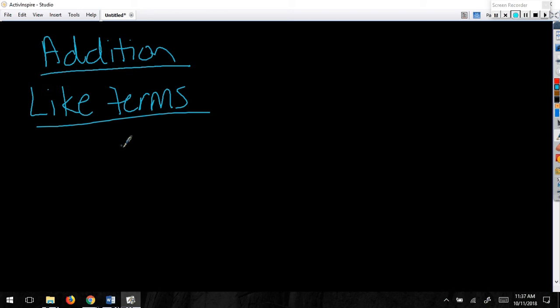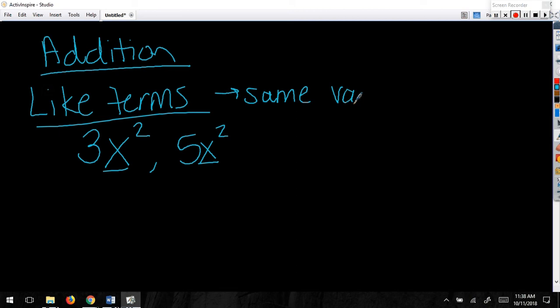So like terms are terms that have the same variable and the same exponent. So maybe 3x squared and 5x squared, okay? So notice that the variable is the same, as well as the exponent.